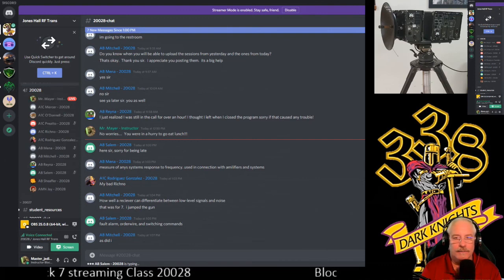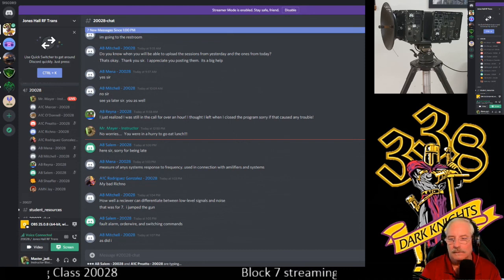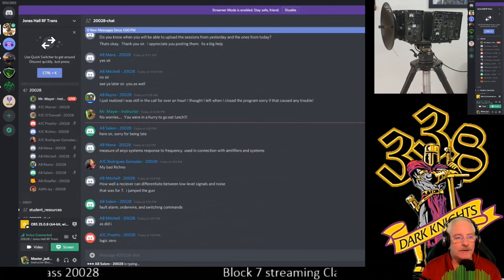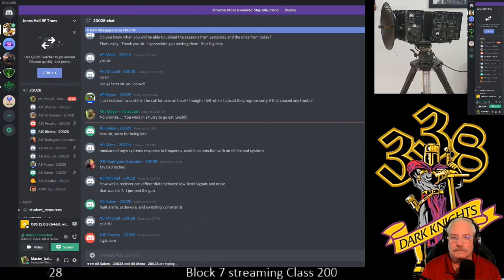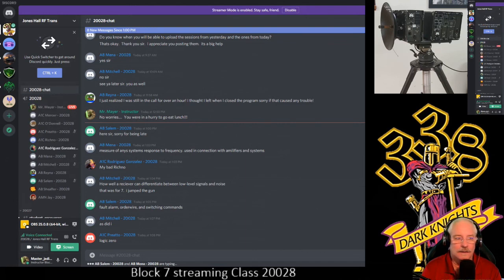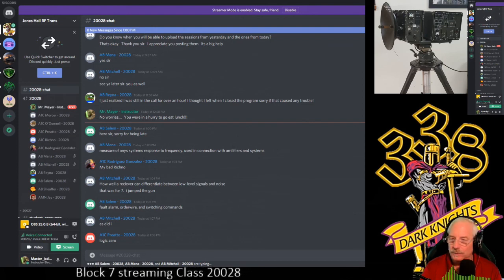Number 5. Correct. Logic 0. Number 6. 3 bits per symbol. Correct. Number 7. Modulator, transmitter, receiver, filter, and demodulator. Perfect. All in one swoop, defining the stages there. Good. Number 8.